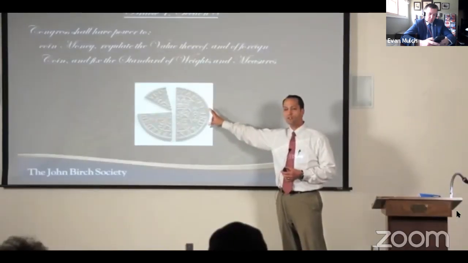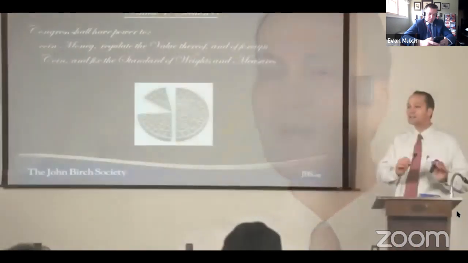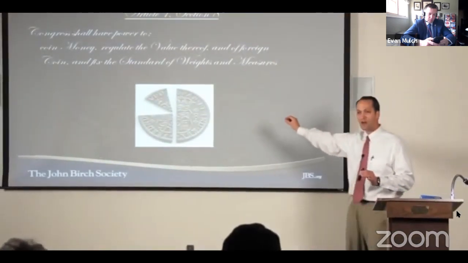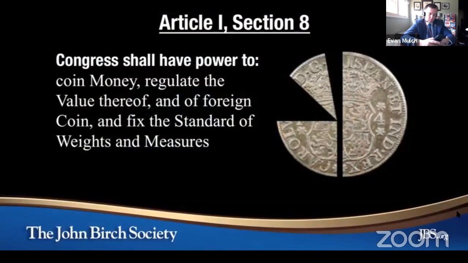And they did that with the Spanish pieces of 8, also known as the Spanish milled dollar. This Spanish coin was the Spanish dollar. That's where we got our dollar from, actually. They said, with the Coinage Act of 1792, that a US dollar is equal to the Spanish dollar, which they later determined, by gathering a bunch of Spanish dollars together and melting them down, had a silver content of 371.25 grains of fine silver.